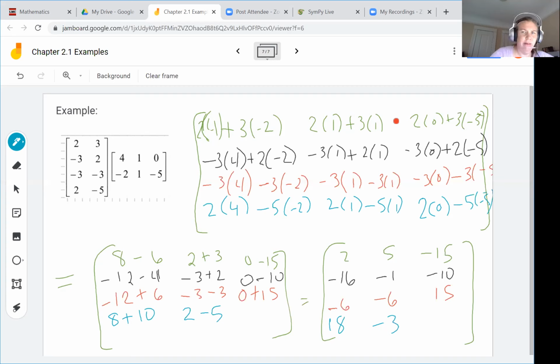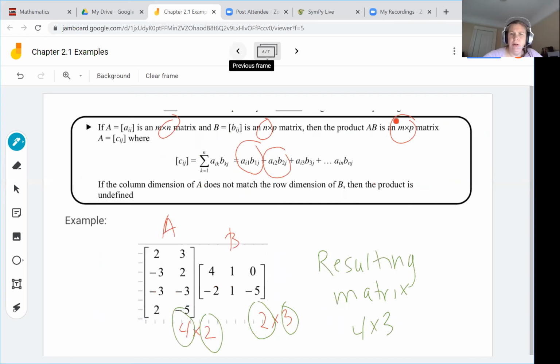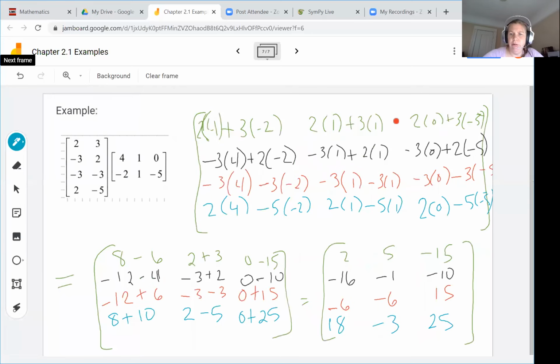And so that's 0 plus 25, which works out to be 25 in our resulting matrix on here. So our resulting matrix here is a 4 by 3 matrix, just as we predicted in our earlier screen. So you can make a note, 4 by 3 down here if you want to include the matrix dimensions.